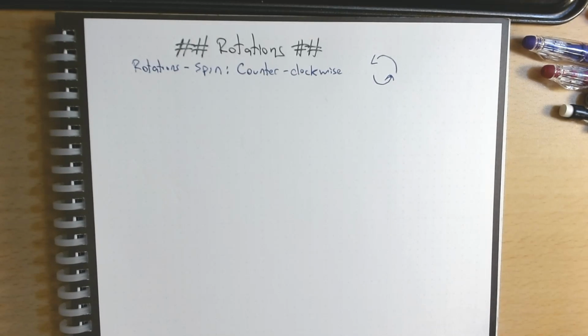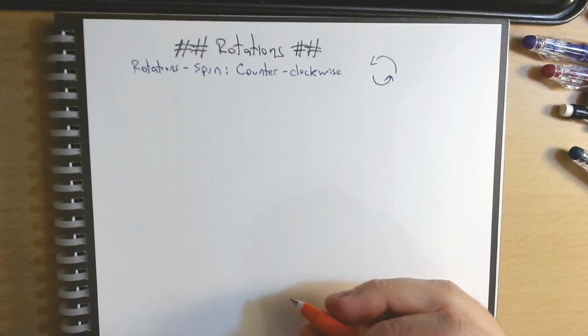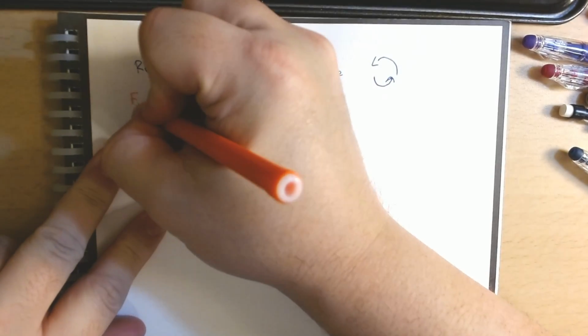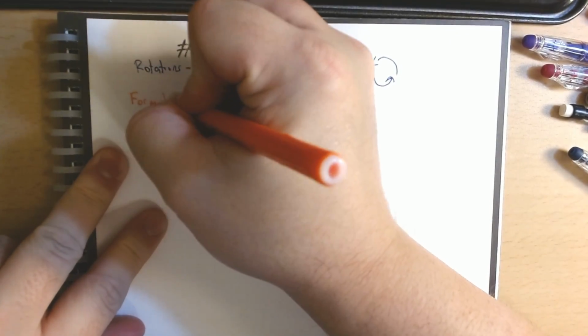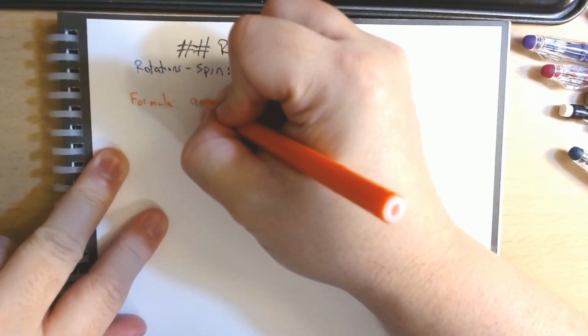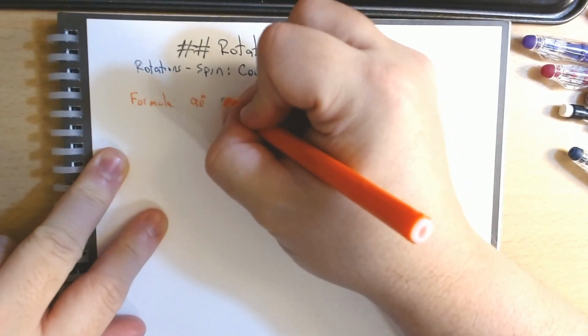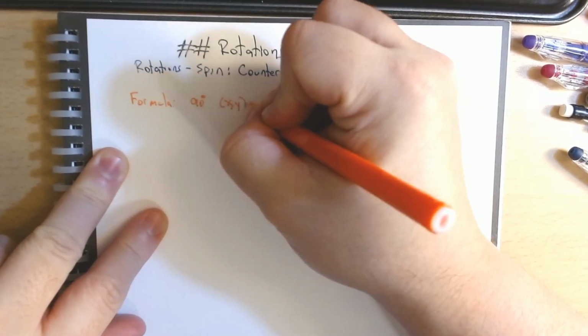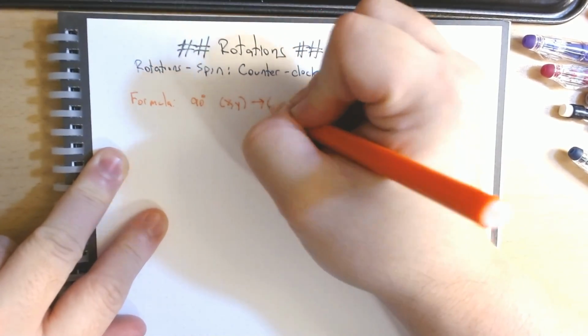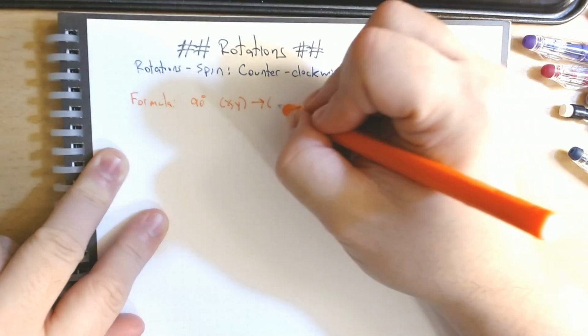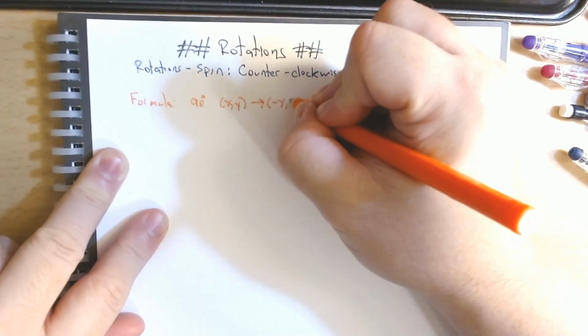There's basically two different ways to do this, and we're only going to concern ourselves with the coordinate plane this year. So, first way is by formula. If you're going 90 degrees, you go x, y, and you change it to negative y, x.